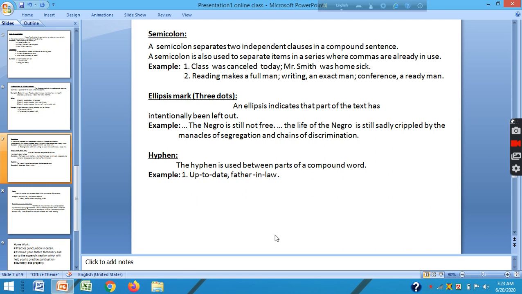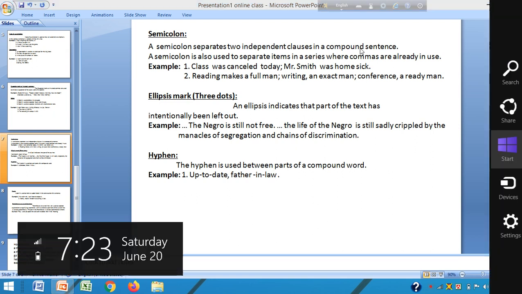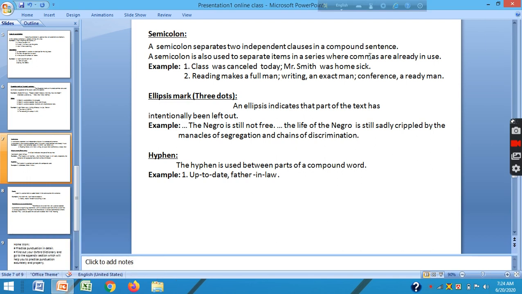Semicolon. A semicolon separates two independent clauses in a compound sentence. A semicolon is also used to separate items in a series where commas are already in use.